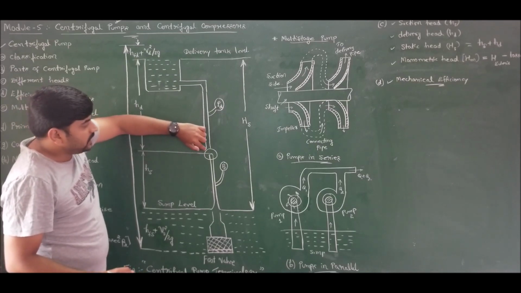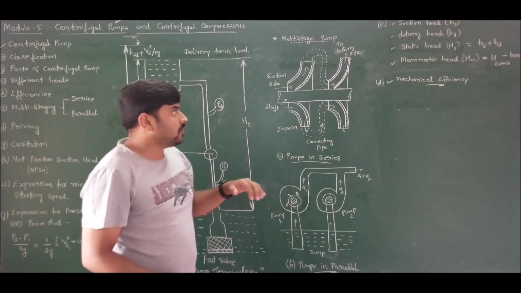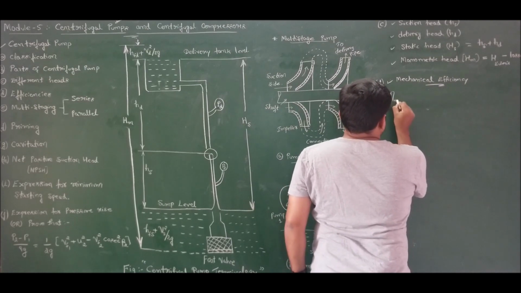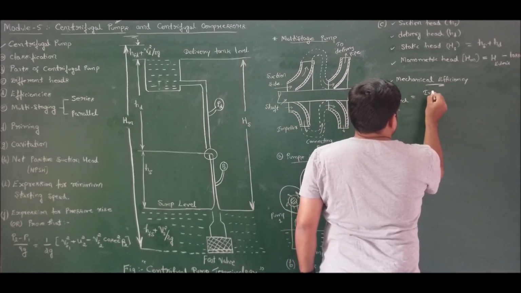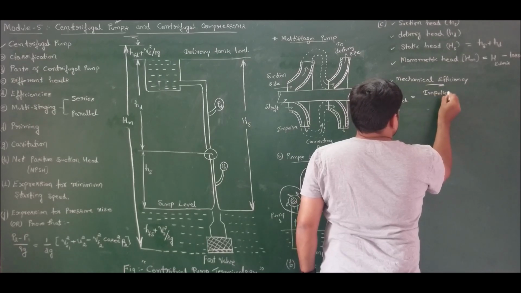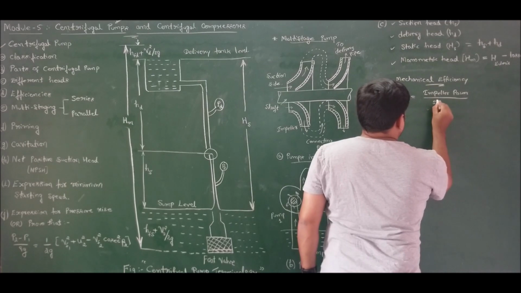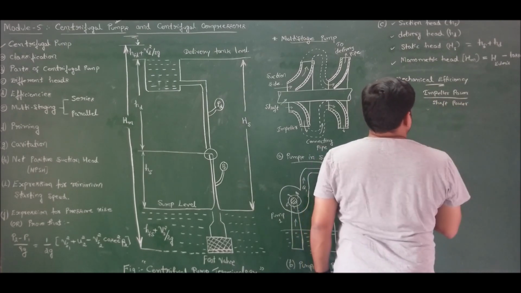This shaft will drive the impeller or blades mounted on the shaft. Therefore, mechanical efficiency is defined as impeller power divided by shaft power.